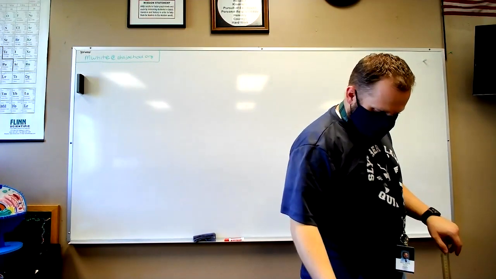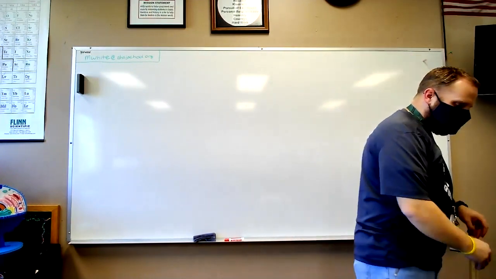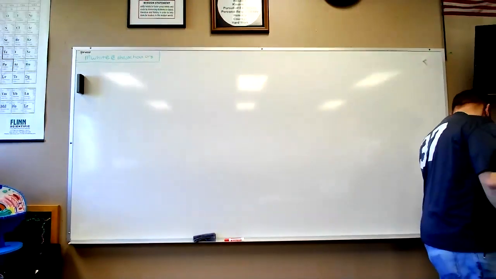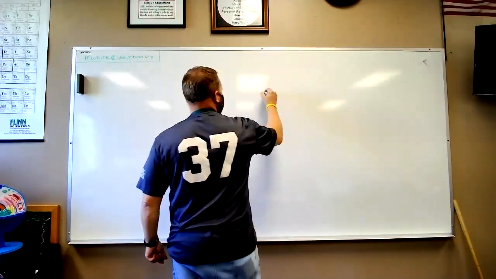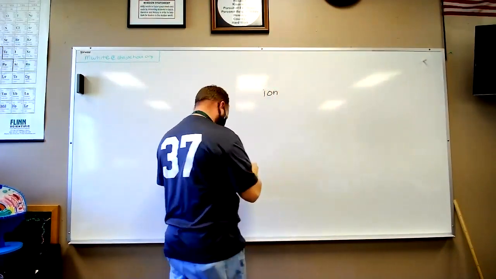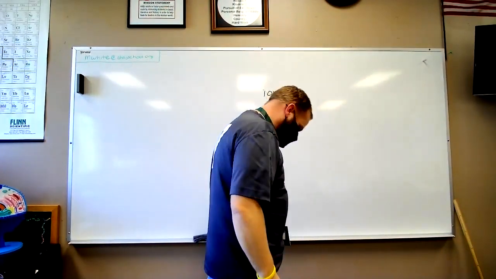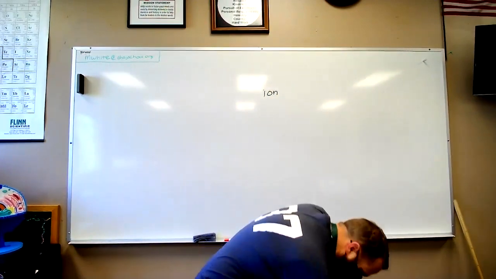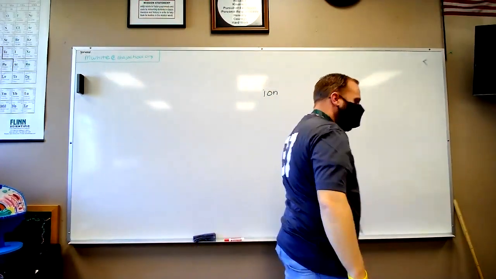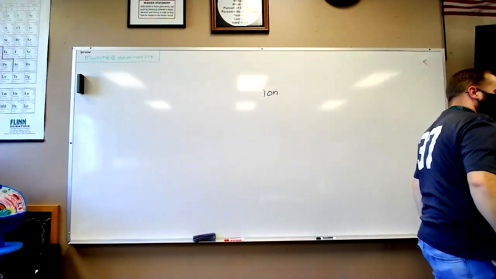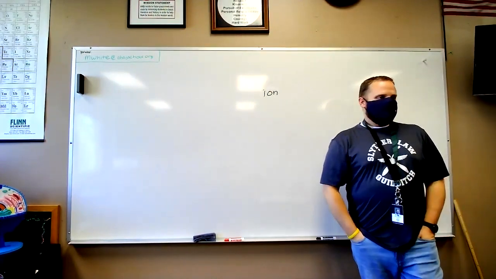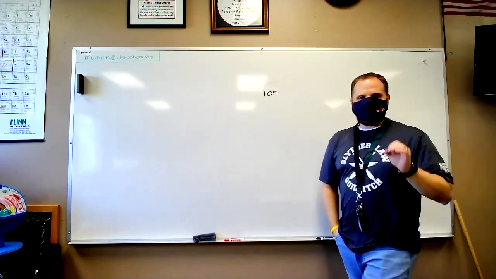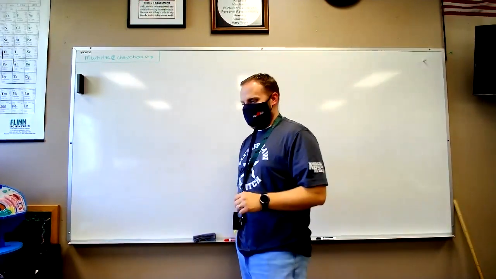Now the next thing, we want to introduce the concept of ions. So up until now, all of our atoms have been neutral. Okay, we've had the same number of protons and electrons.